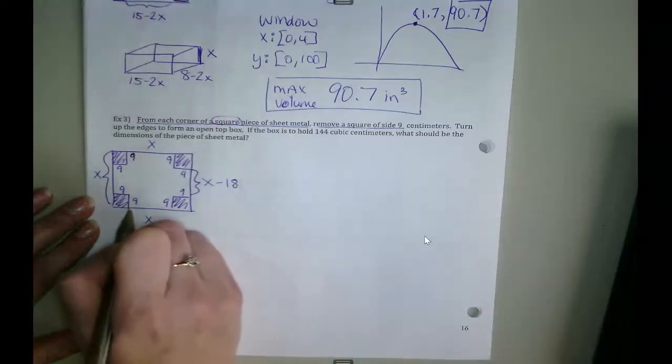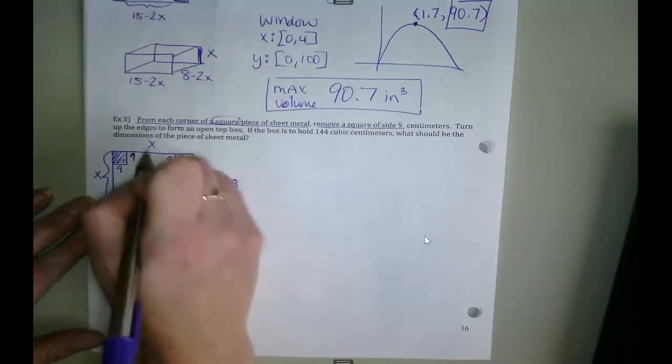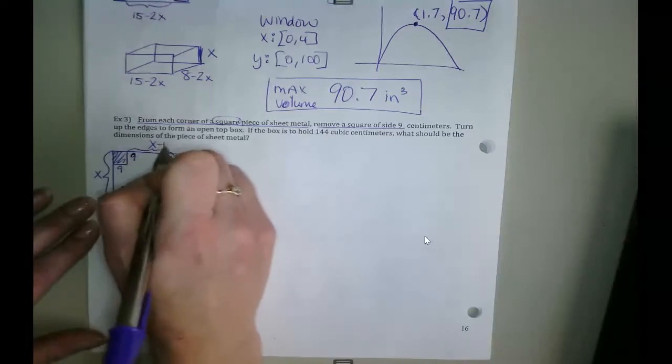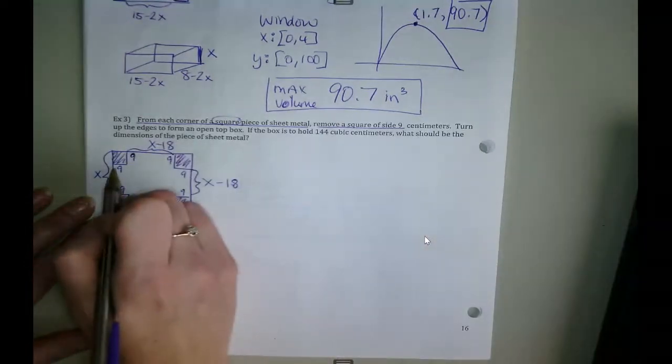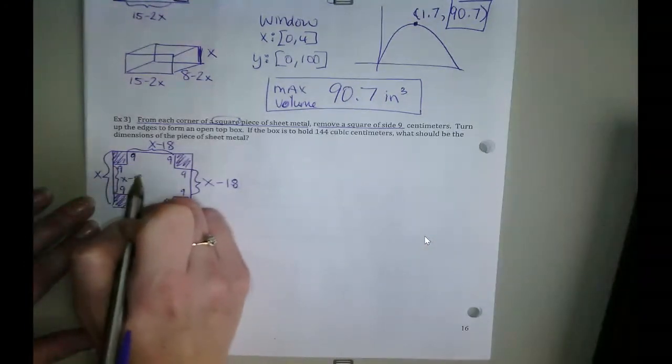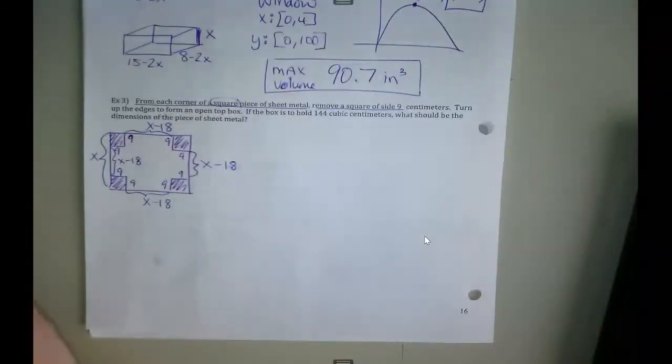And actually, so is this one. And so is this one. And so is this little one in here. All 4 of those flaps, because it was a square, are all going to be X minus 18.